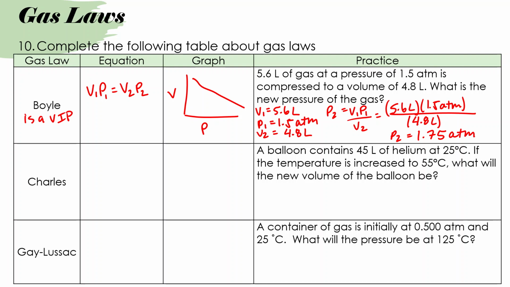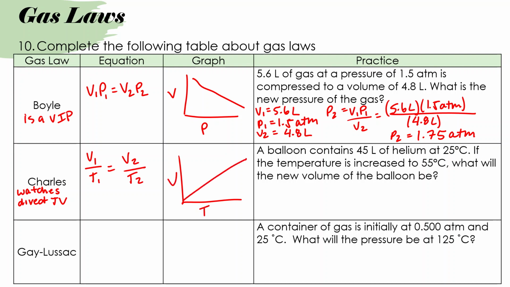The next one is Charles. So Charles watches direct TV. My equation here is V1 over T1 equals V2 over T2, and this is a direct relationship. So if I increase the temperature, I should increase the volume.